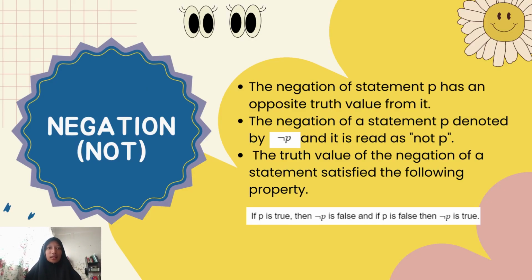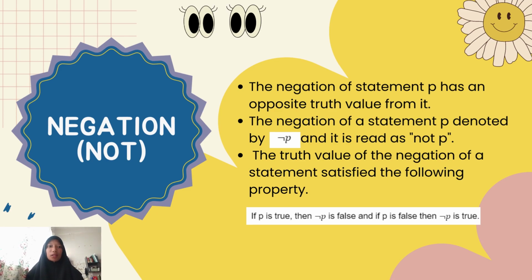Next, negation. The negation of statement P has the opposite truth value from it. The negation of a statement P is denoted by not P and it is read as not P. The truth value of the negation of a statement satisfies the following property.